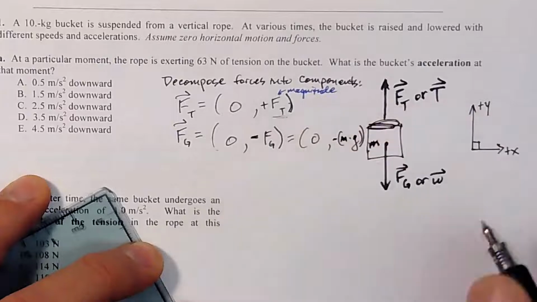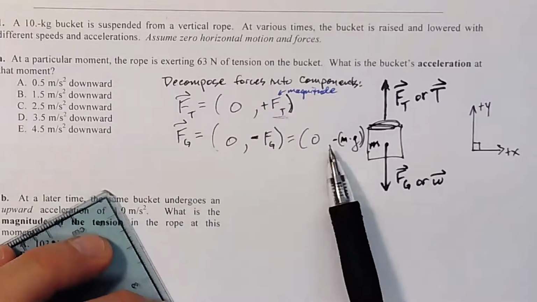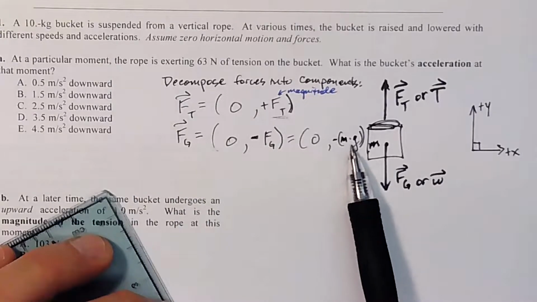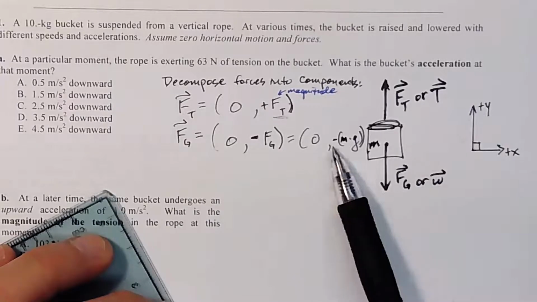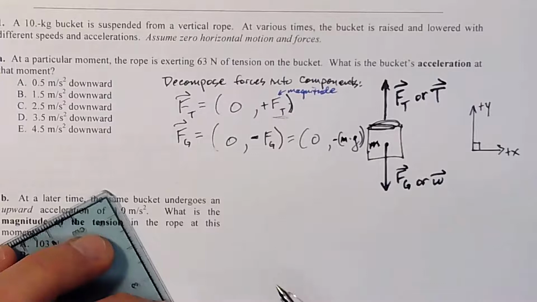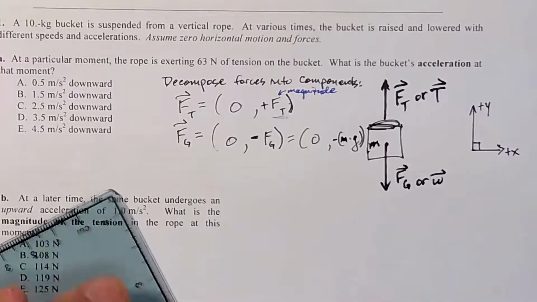So whether this bucket is moving up or down or accelerating or at a constant velocity, it doesn't matter. The weight never changes. It's always going to have a magnitude of m times g, and it's always going to point toward the center of the Earth, which in this case is our negative y direction. So that is fixed, regardless of the motion of the bucket.